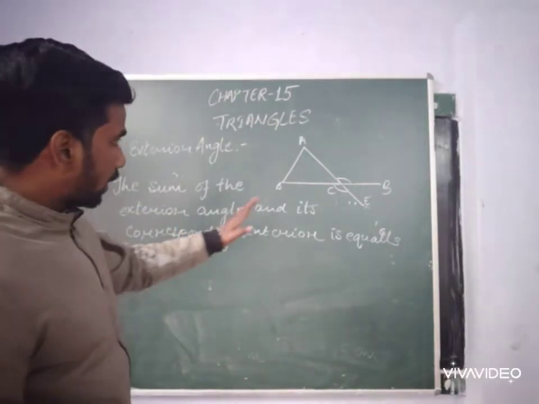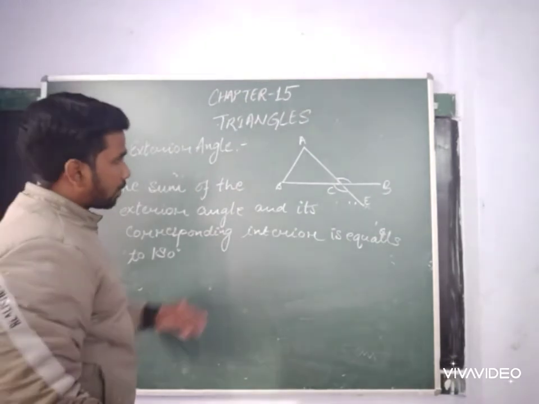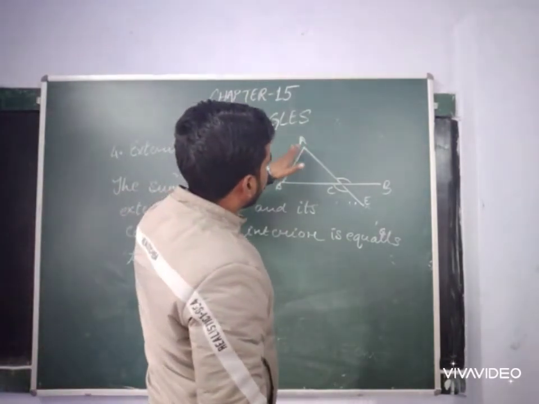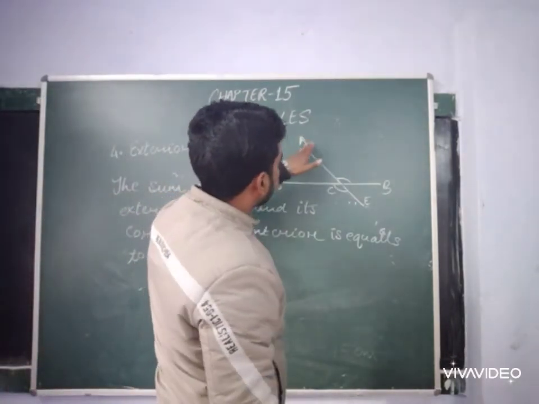And it is forming at the vertex. If we are producing this line also, we can produce not only this but we can produce this also.